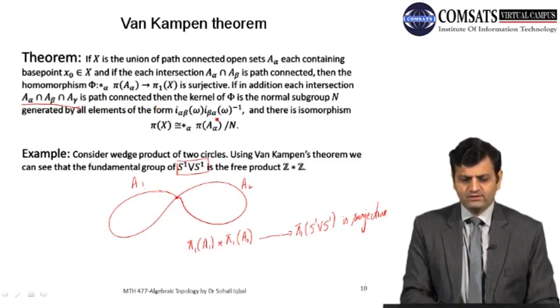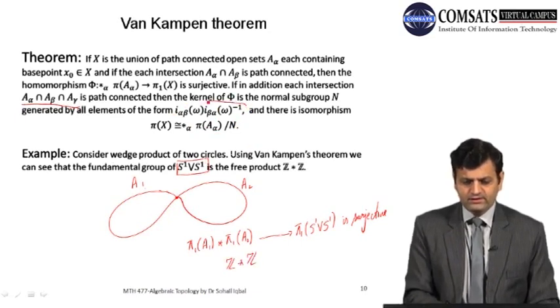And so we can say that the fundamental group of this wedge sum is equal to Z star Z. We can easily see that the relation is empty in this case, because the intersection A1 intersection A2 is just a point.